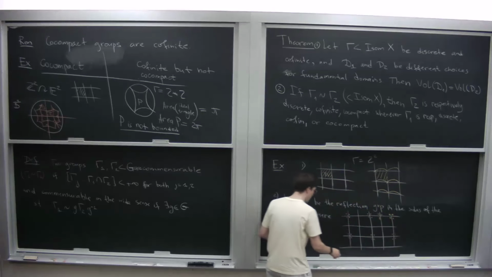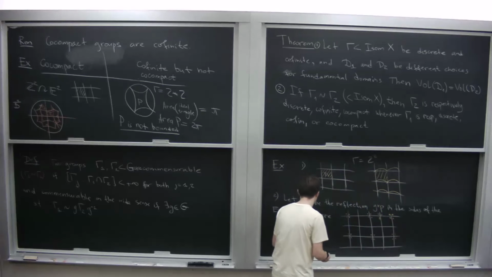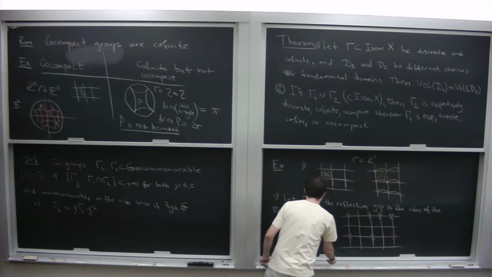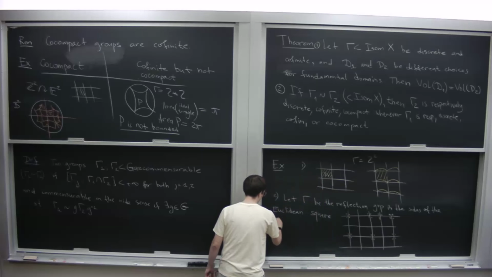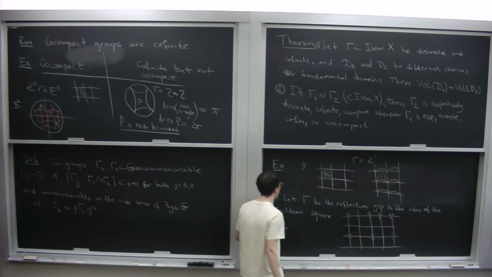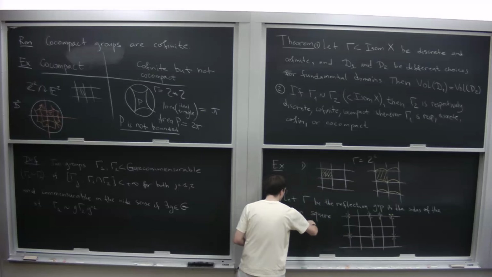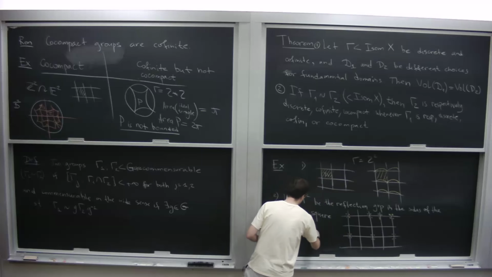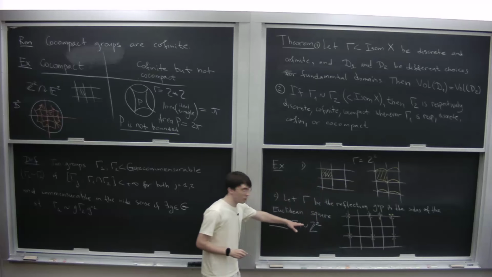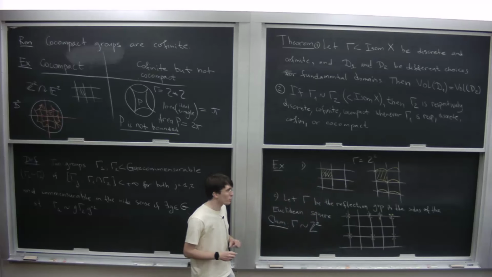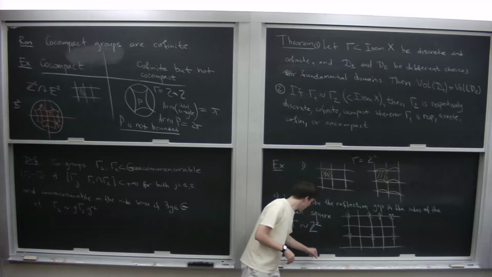So I claim that, in fact, this gamma can be written more precisely, but the claim is that gamma is commensurable with the group Z squared. Right? This is my claim.